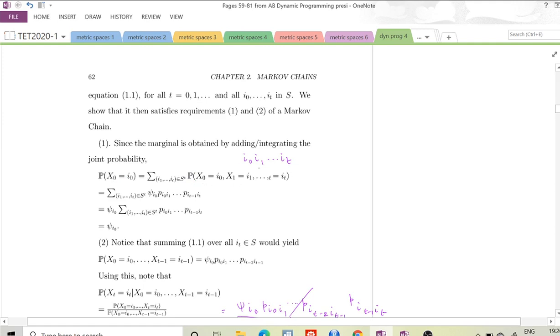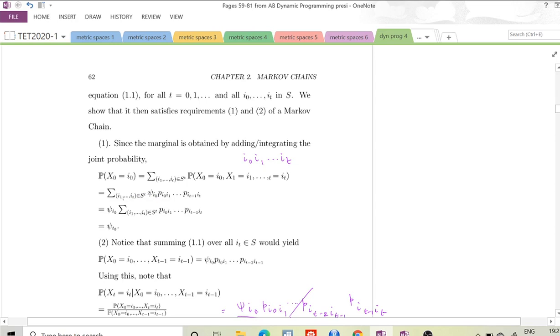So I apply that the probability of this path is just the product of all these numbers, right? And then if I were to add up all these across all possible paths from time t equals 1 to t equals t, in this sum, psi i naught is a constant, okay?